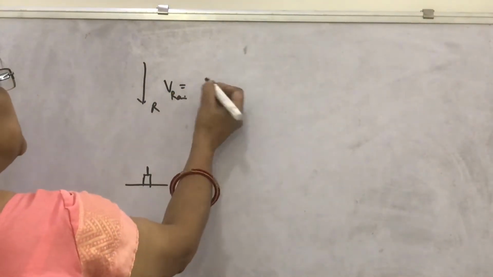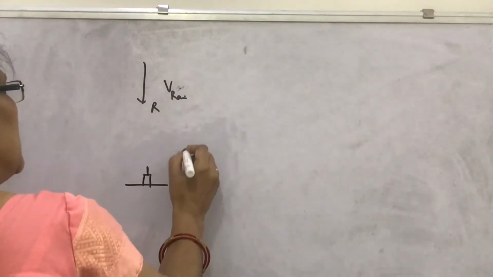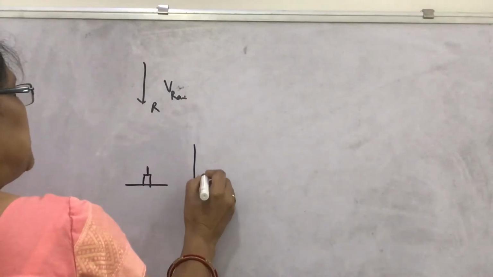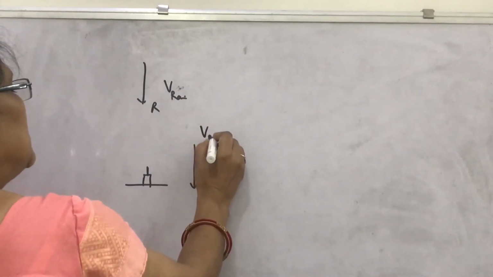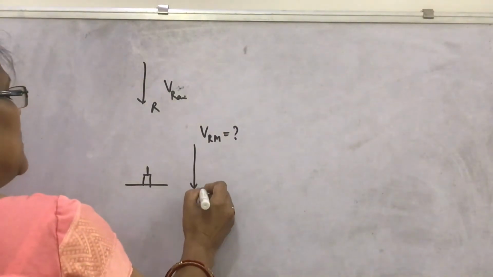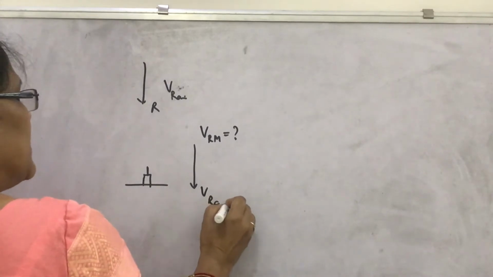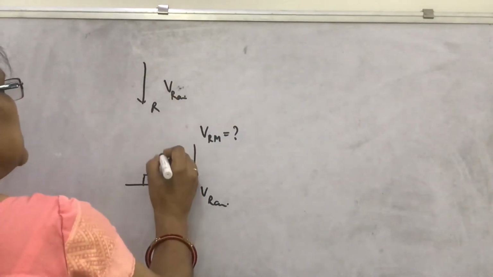The man will observe the speed of rain in what direction? This is the speed of rain, vertically downward, then the man will observe in this direction.